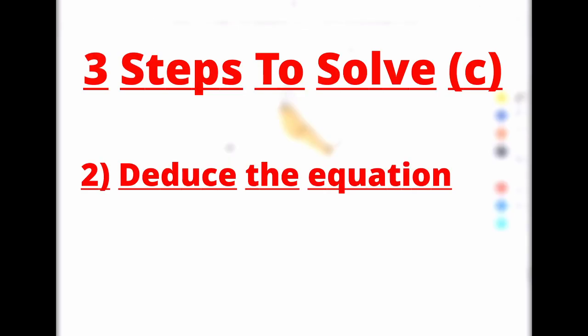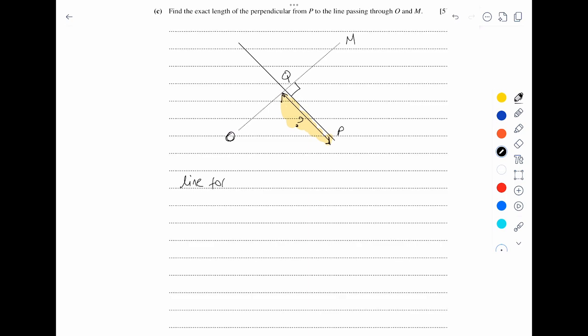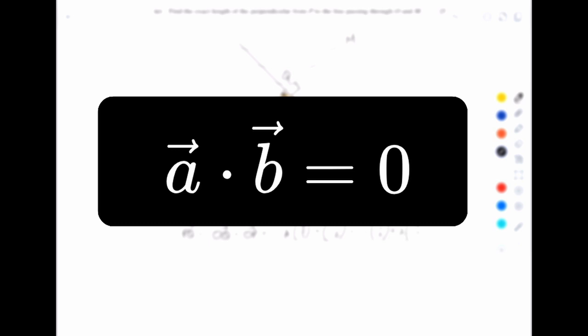Deduce the equation. So to deduce an equation here, we know OQ lying on the line OM must be some kind of multiple of the position vector M, which equals 3, 2, 1. So we can let OQ equal lambda times 3, 2, 1 because it's a multiple. Next, we want to find PQ because by finding PQ, we can plug it into the scalar product identity, which tells us that the scalar product of two perpendicular lines is equal to 0.